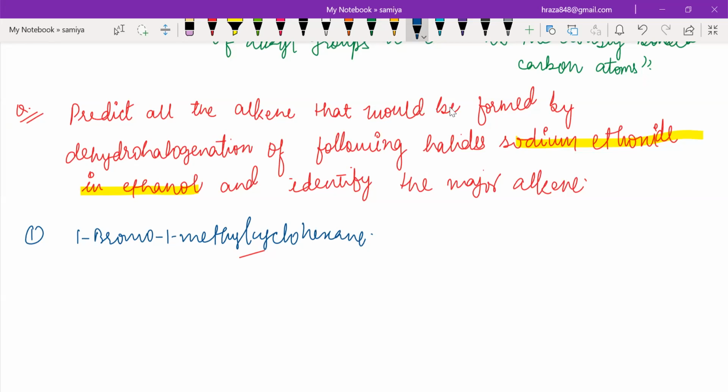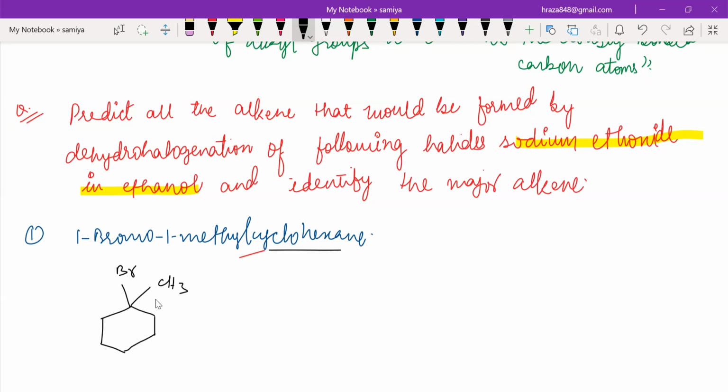First of all, you are going to draw the structure of this. What is the parent chain? Cyclohexane. So I'm going to draw cyclohexane, with 1-bromo and 1-methyl here. So can I write this like this? Yes or no?